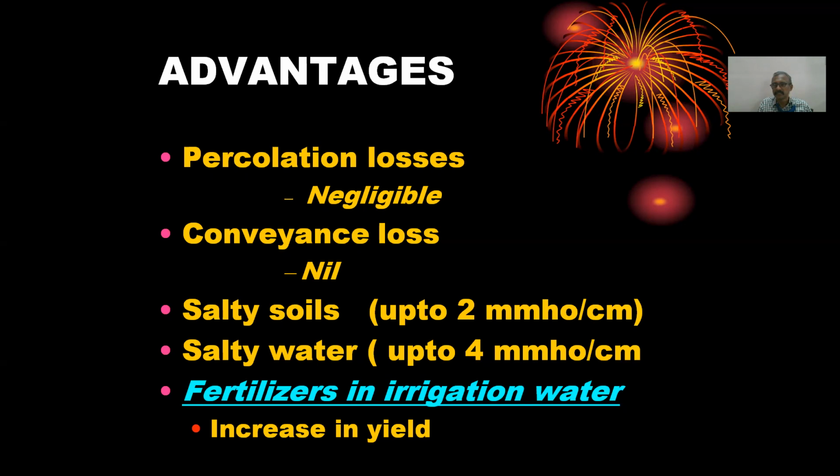So this gives a very huge advantage compared with all other irrigation methods. Because of the application of fertilizers with irrigation water, we are able to gain a phenomenal yield. The increase in yield is sometimes even 2 times, 3 times that of the conventional methods.